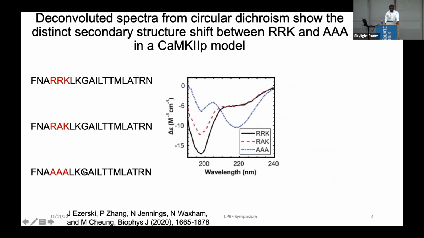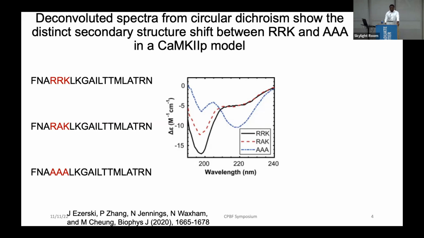The experimental data show the presence of a secondary structure in the peptide with triple mutation, which does not exist in a peptide with one amino acid mutation, or even in the wild type peptide. Since RRK are the charged residues, this implies that each mutation in the charged residues actually reduces the disorder content of the peptide structure ensemble.